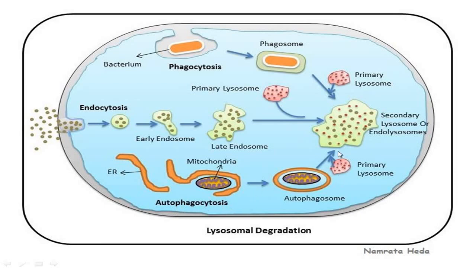This autophagosome then combines with primary lysosome and makes up secondary lysosome. So secondary lysosome is also known as endolysosome. The lysosome releases its enzymes inside the phagosome, endosome, or autophagosome, and digests the components or molecules present inside these vesicles.